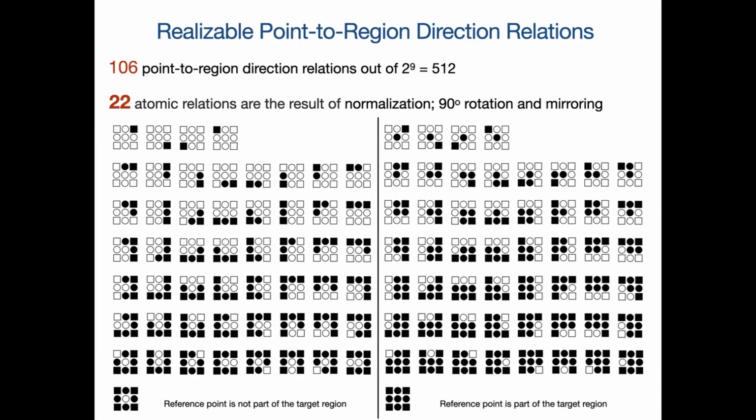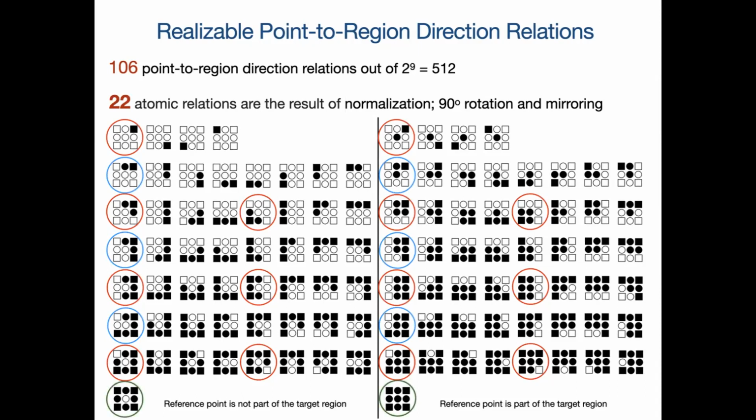These 106 elements, under 90-degree rotation and mirroring, introduce the 22 normalized relations. You can consider these 14 relations. It applied to define the 4 additional relations in the set, and the rest of the 6 relations were generated considering the 90-degree rotation and mirroring, and 2 of them don't use the 90-degree rotation and mirroring.